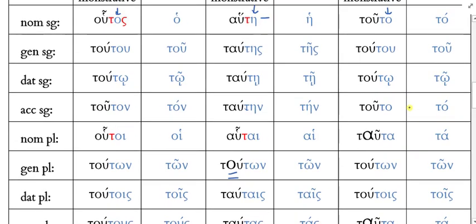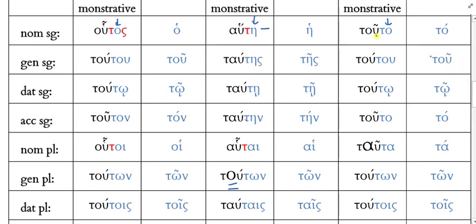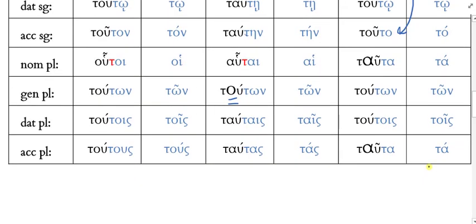Now, the neuter forms. Everybody, touto. So notice that to and to article, same. Toutou, toutō, touto. Remember how these neuter forms in the nominative and accusative are always the same, right? All right, and then tauta for the plural. Here, the ta here and the ta here match.